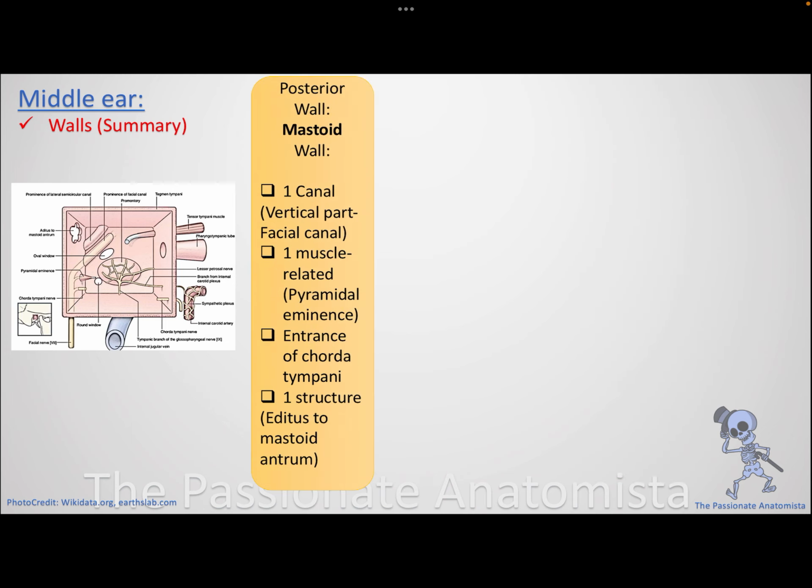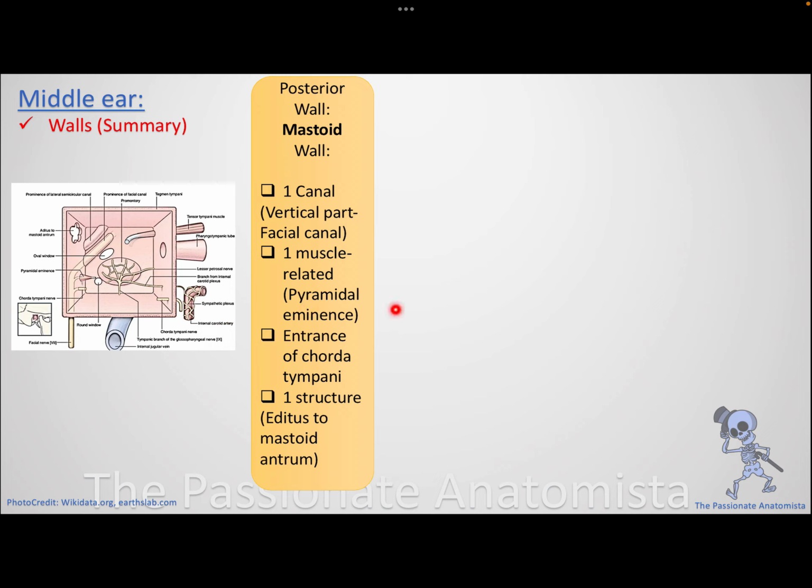And then you have the posterior wall, which is the mastoid. You have one canal, one muscle related, one entrance of chorda tympani, and you have a structure, and the canal, because they are related together to the medial wall, it's the facial canal. All right, and muscle related, we already talked about the tensor tympani in the anterior wall, so that's going to be the pyramidal eminence that gives attachment to the stapedius, and the stapedius is going to be attached to the stapes.